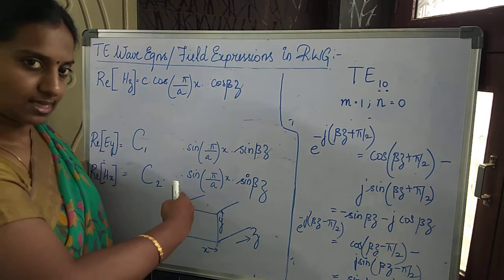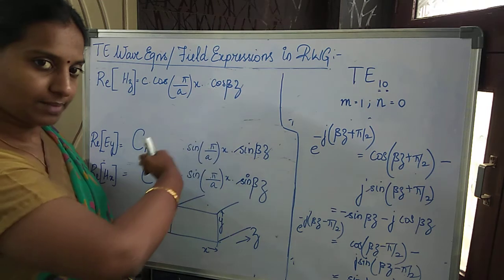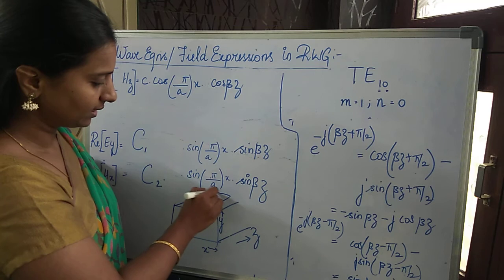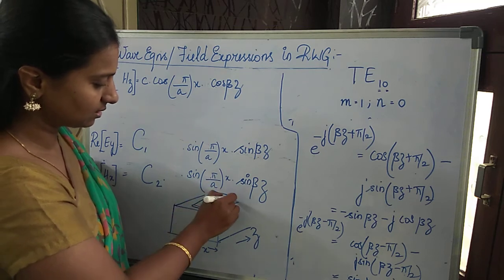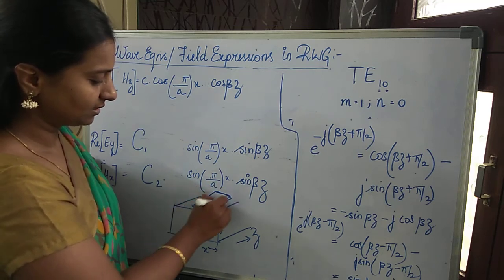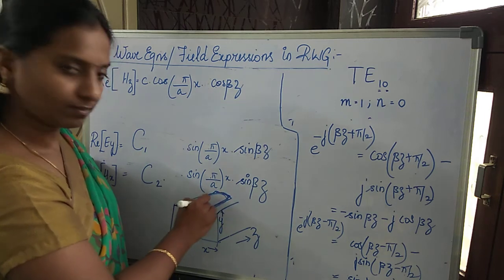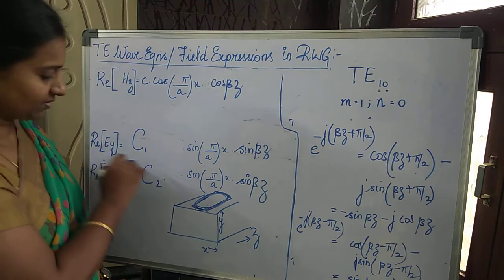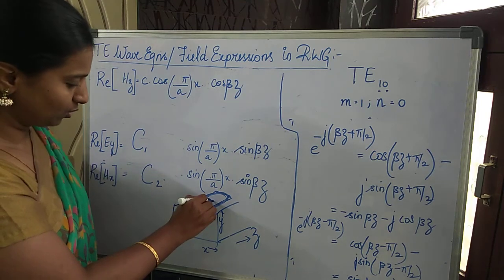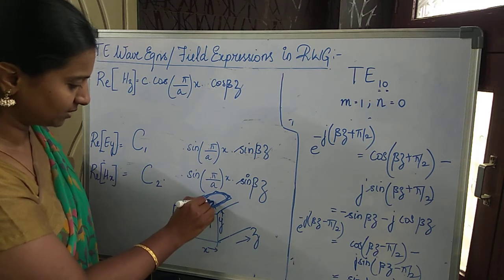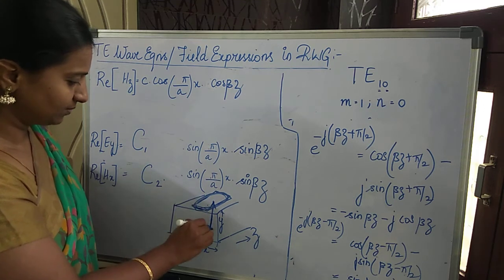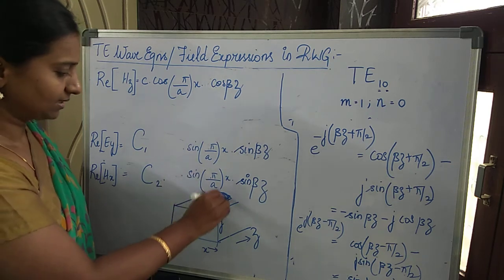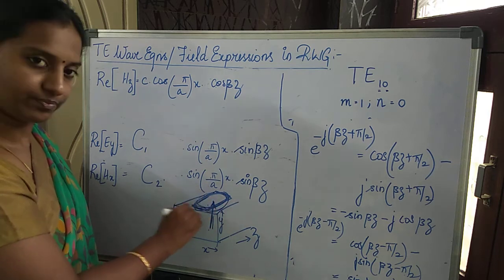So along x and along z I have magnetic field. So the magnetic field is revolving like this, okay? And electric field is along y dimension, which means the electric field is going to be only in y dimension. So the electric fields are going to be straight in this direction, and the magnetic field are going to be around it, okay?